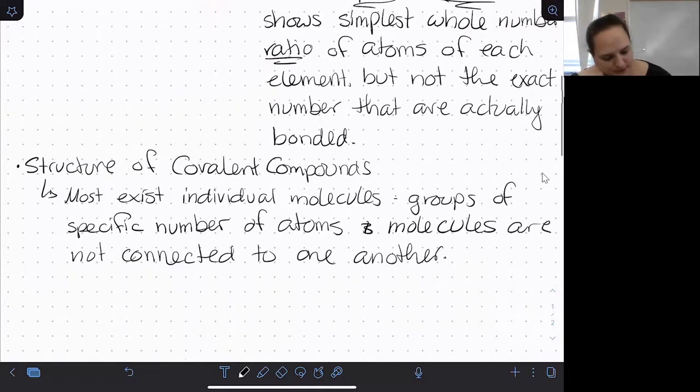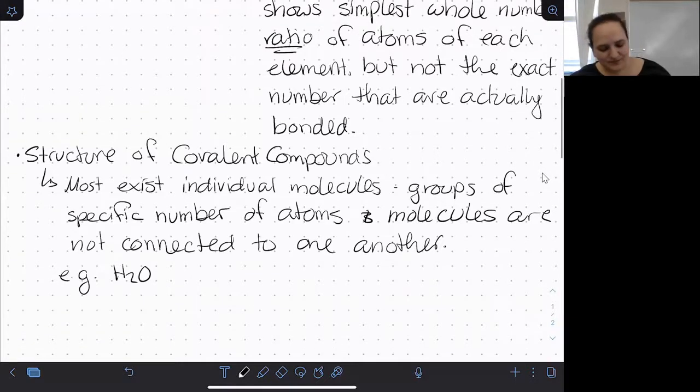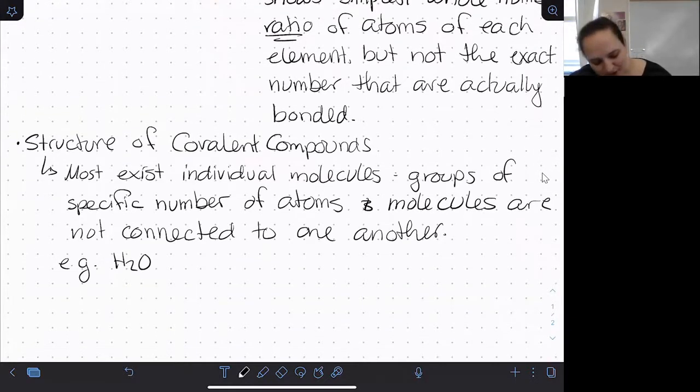So, for instance, water is probably a familiar compound to you, H2O. We're going to get into structure drawing in the next couple of videos, but you've probably seen the structure of water drawn before, with the oxygen in the middle and the hydrogens on either side. This is a water molecule.